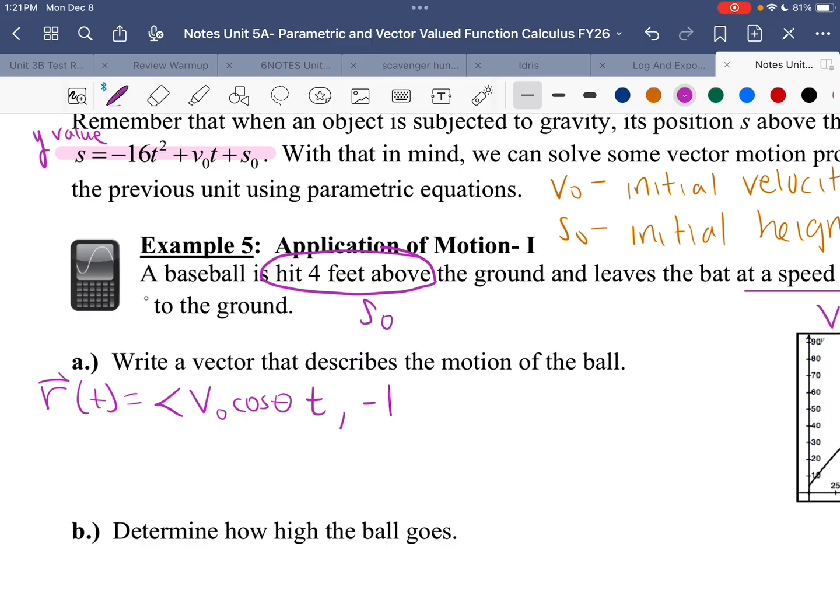And then my y component, j component, is going to have your initial velocity in the y direction, t, plus.